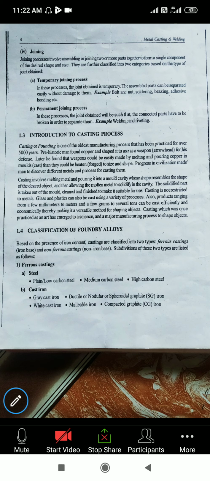Introduction to the casting process. I think the classification is also finished. Now foundry alloys.